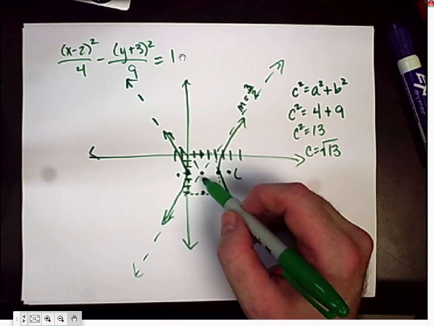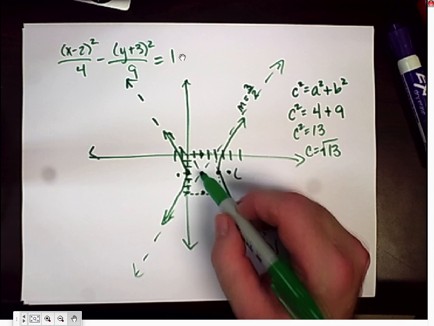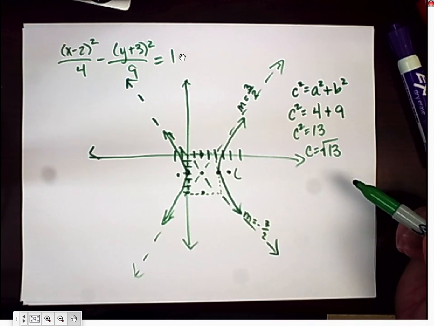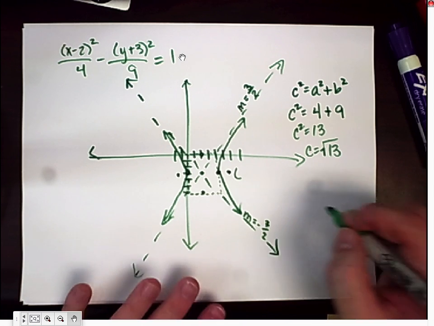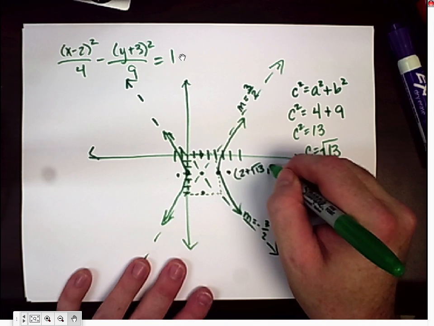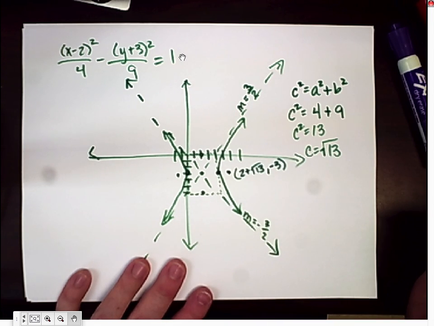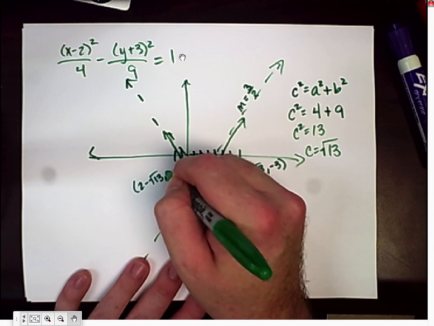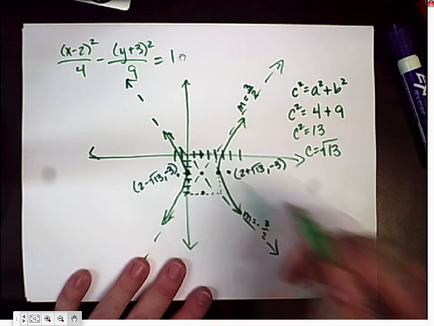The center, remember, was at (2, -3). So do we add the square root of 13 to the x or to the y? It's 2 plus the square root of 13, and it's -3. Right. And this one would be 2 minus the square root of 13, -3.